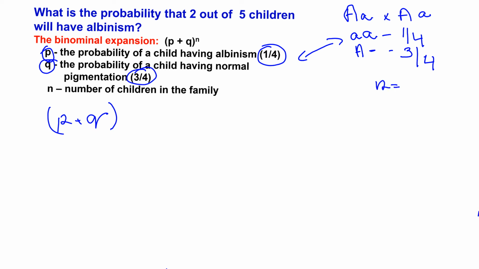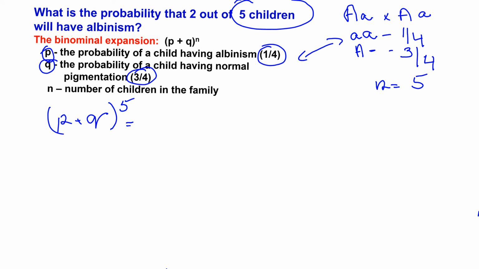First, you have to define how many terms you will have. The number of terms in this expansion equals n plus 1, which is 6. So we will have 6 terms: 1, 2, 3, 4, 5, and 6.